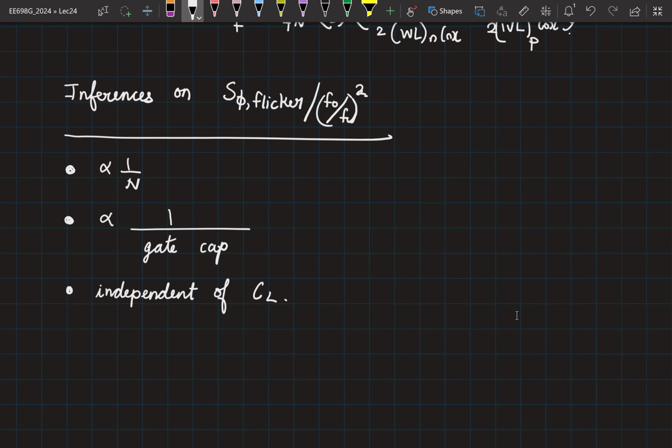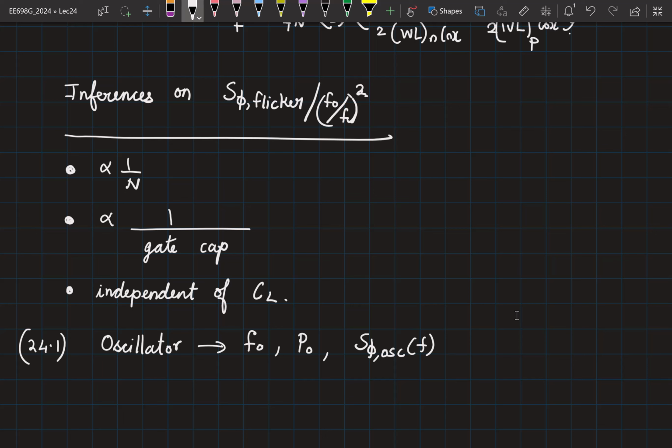Okay? So now let me quickly give you a question. Let's say you have an oscillator. This has some frequency F0, has a power consumption P0, and has some phase noise PSD given by S5 of oscillation F. Assume that all the capacitances are dominated by the self-capacitance.